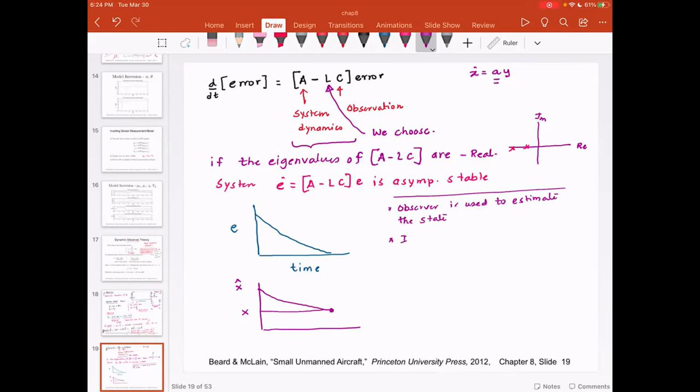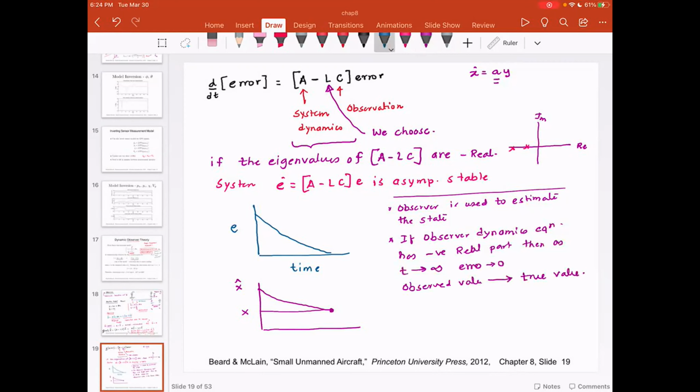If the observer dynamics equation has negative real parts, then as time goes on, the error goes to zero, which means the observed value approaches the true value.